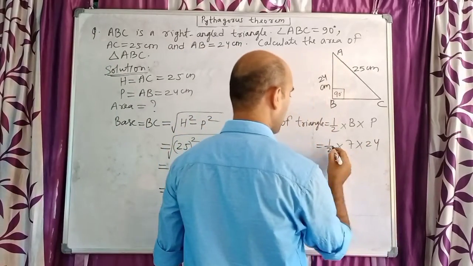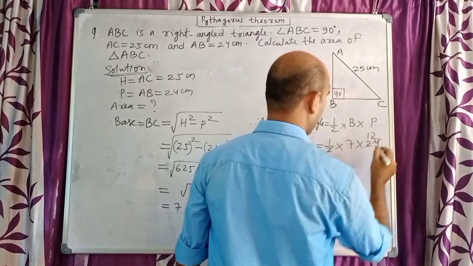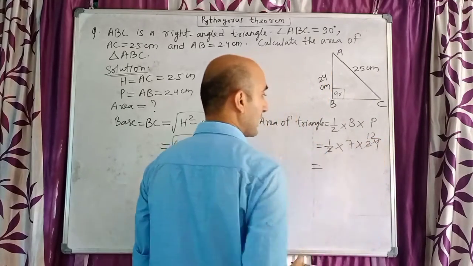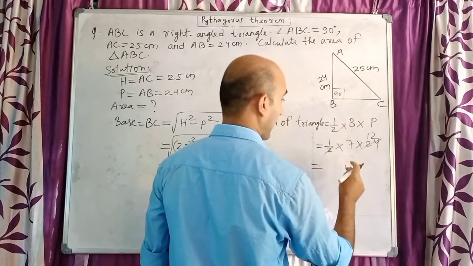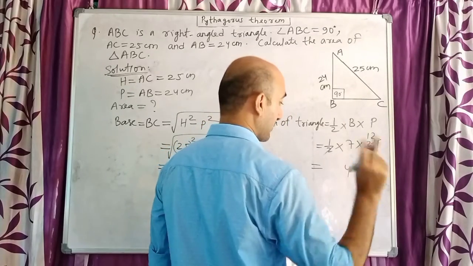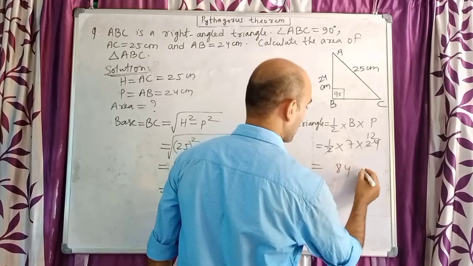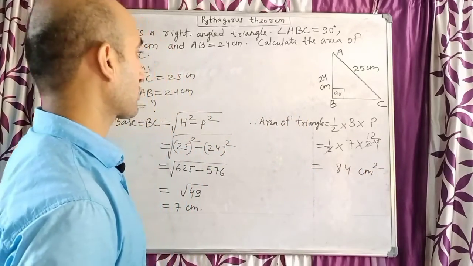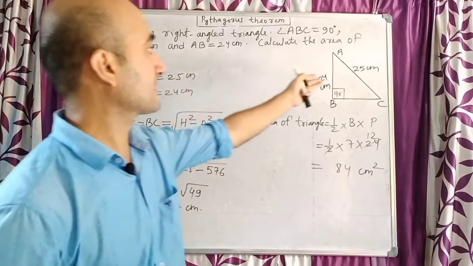Put the respective values and it will be 12 here, and 12 into 7 will be 7 2s are 14, 4 in hand, 7 1s are 7 plus 1 is 84. So 84 square centimeter, or we can write centimeter square because our unit is centimeter in the question.